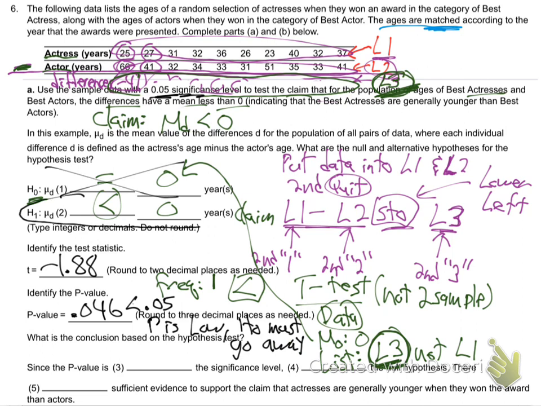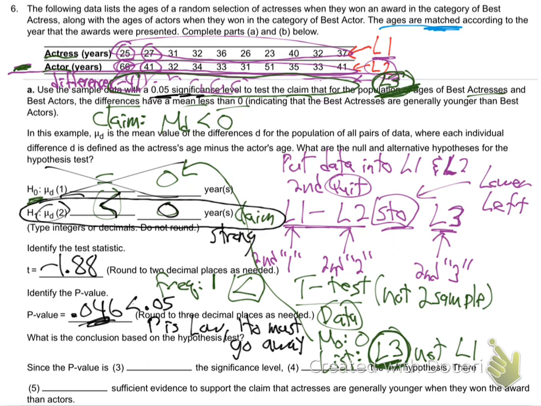We're believing the alternative hypothesis because evidence is strong. There's only a 4.6% chance of luck. That's less than a 5% chance of luck. That's strong evidence that the difference is less than 0. What's our conclusion?